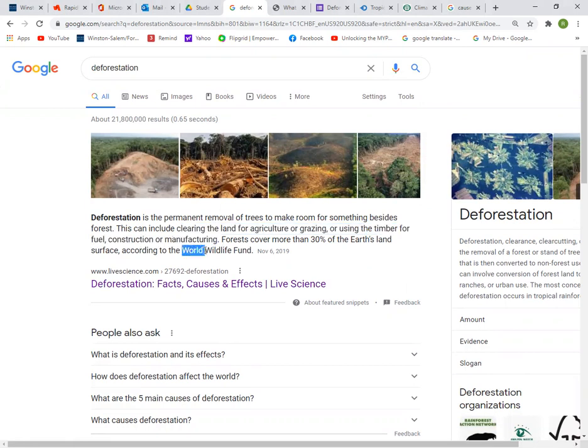According to the World Wildlife Fund, forests cover more than 30% of Earth's land surface, but this is rapidly decreasing. The rapid population increase of human beings results to higher demands for land, food, and resources. Now let's begin with the food.